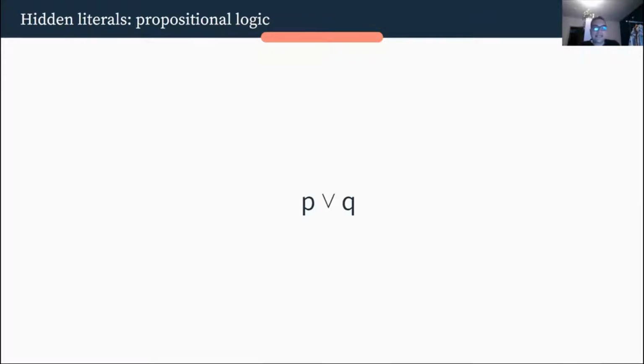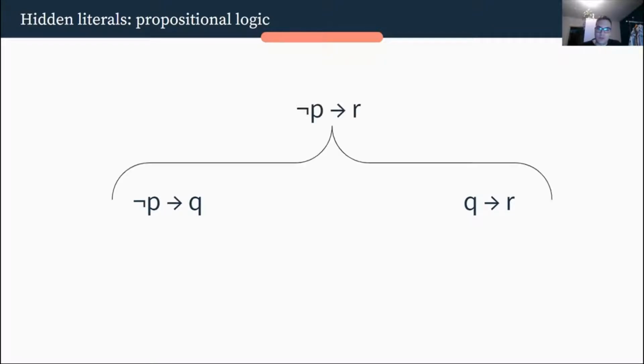The first technique that I want to talk about is so-called hidden literals. In propositional logic, it was noticed that whenever I have a binary clause, I can also read it as a binary implication of this kind. Furthermore, if I have multiple binary clauses, I can create transitive chains of those implications.